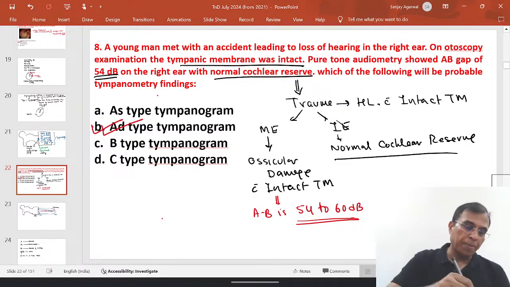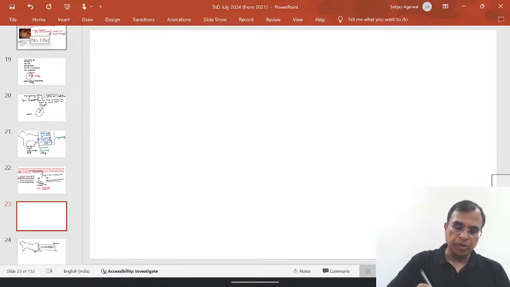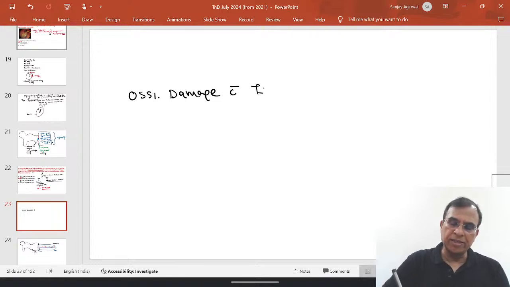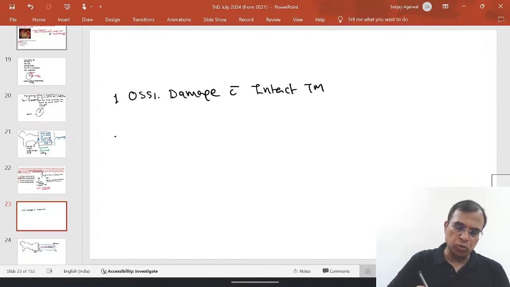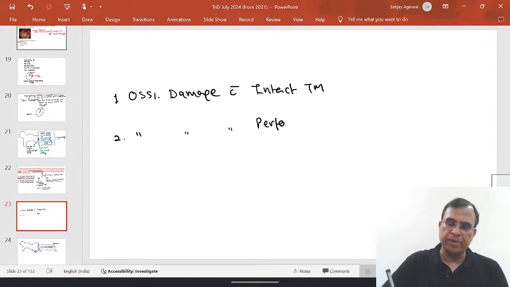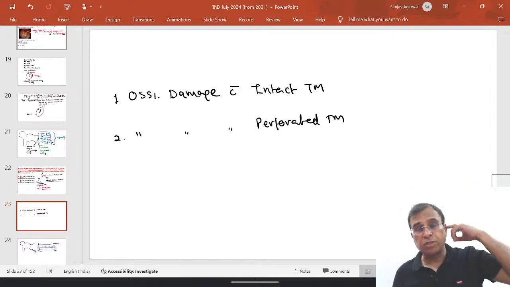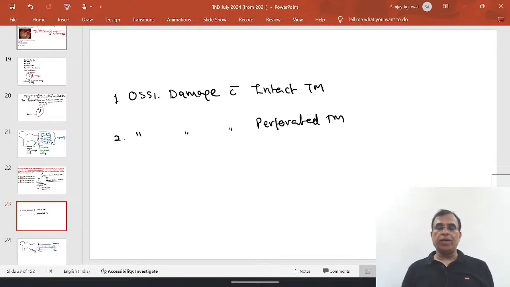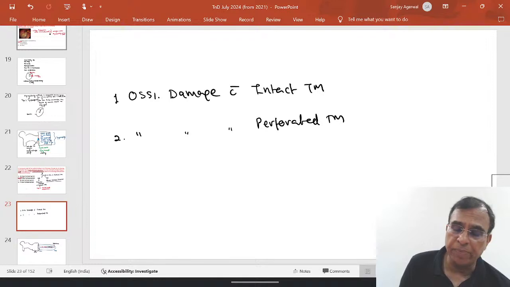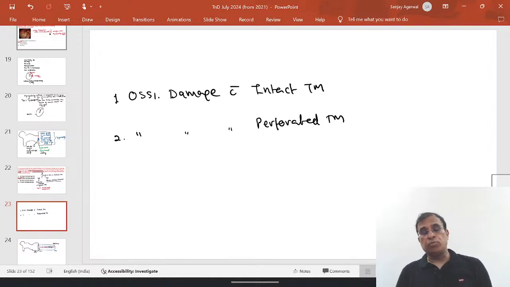Now if I ask you, there is one situation, ossicular damage with intact tympanic membrane, and situation number 2, ossicular damage with perforated tympanic membrane, which one has more hearing loss, which has better hearing? In one case, ossicular chain damage, the membrane is normal. In the second case, both are damaged: the ossicles are damaged and the membrane is also perforated.